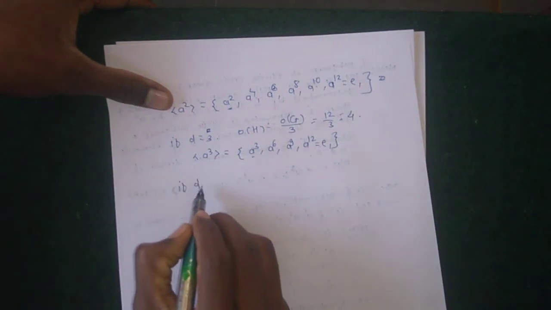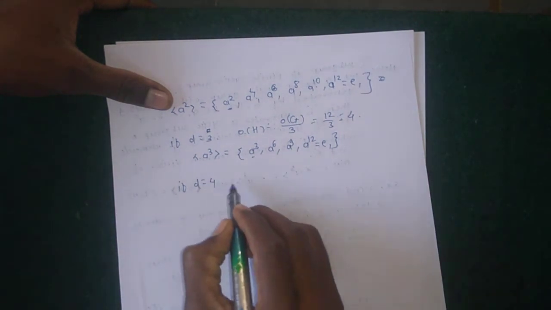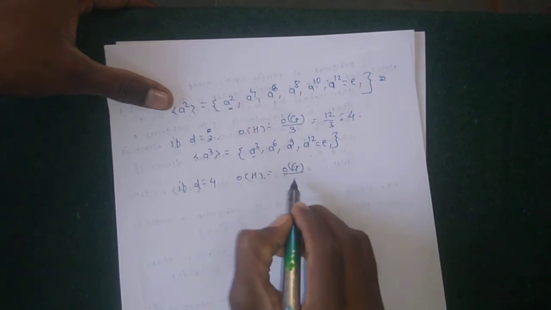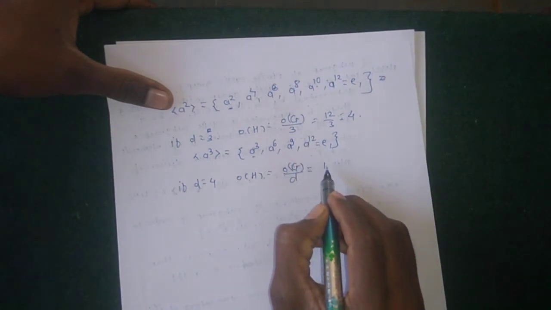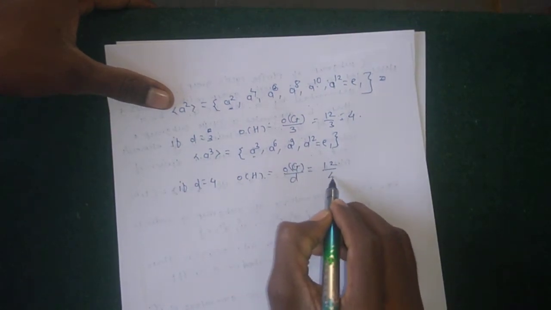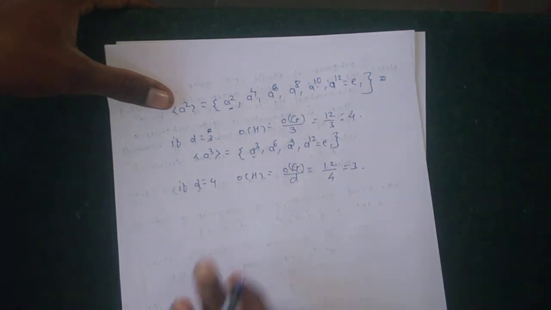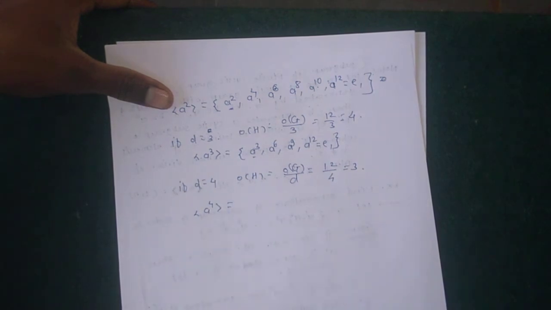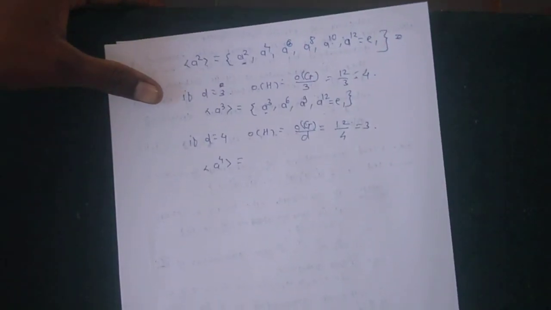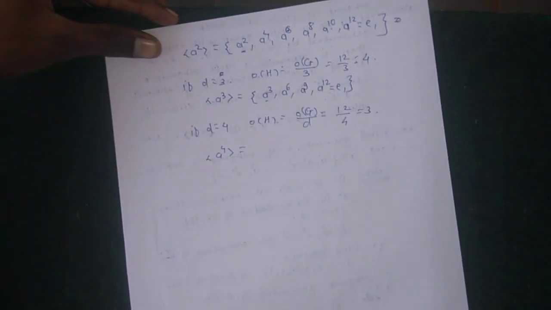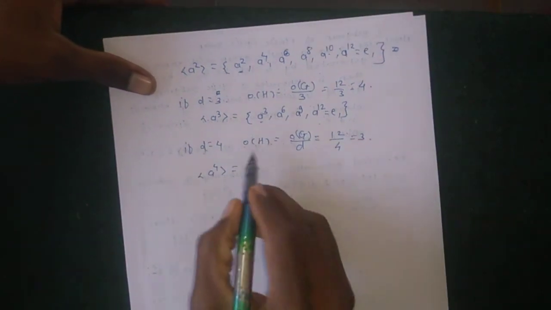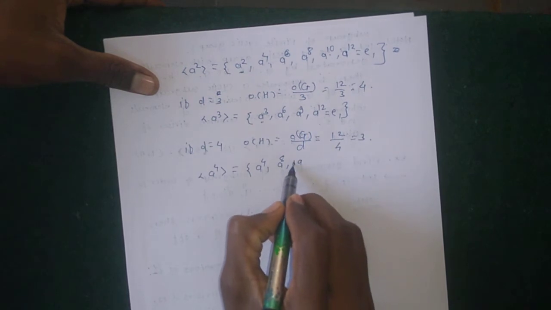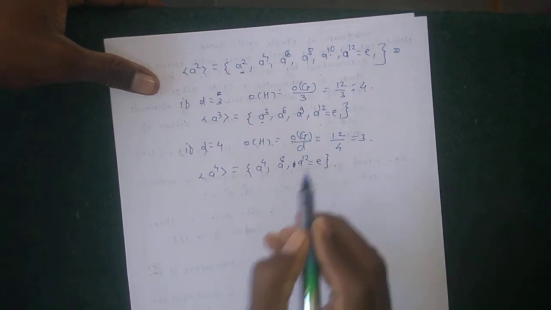If D equals 4, then the order of H equals the order of G divided by D, which is 12 divided by 4 equal to 3. So the subgroup generated by A raised to 4 contains only 3 elements: A raised to 4, A raised to 8 and A raised to 12, which equals identity.